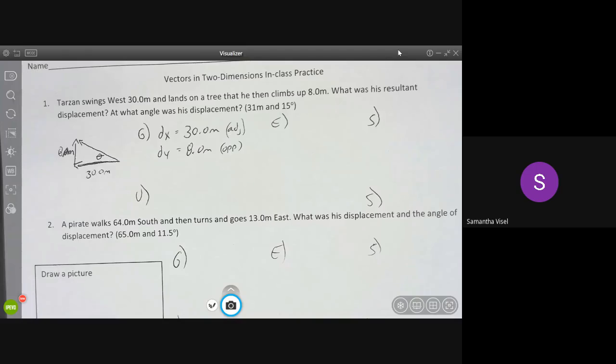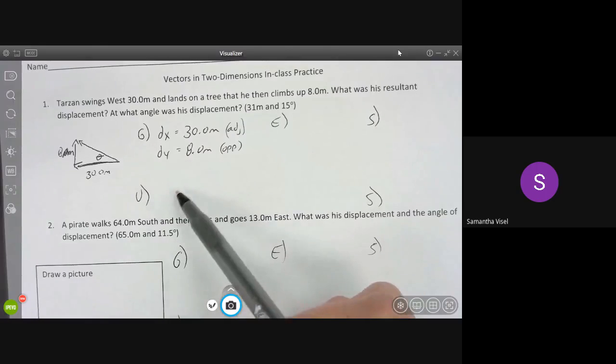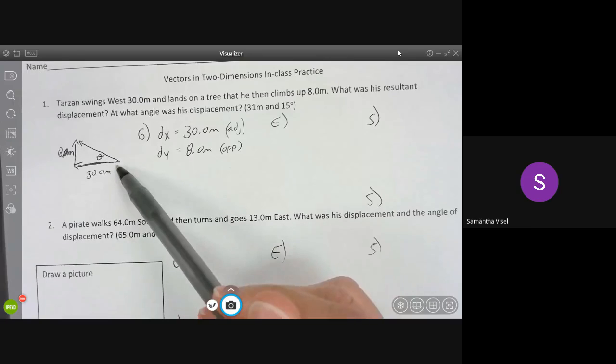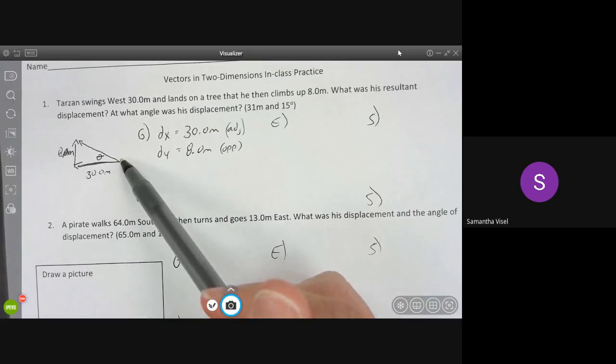So here we have Tarzan, who swings west 30 meters and lands on a tree that he then climbs up 8 meters. What was his resultant displacement, and at what angle was his displacement? I did draw the first little bit just to help you out. So we're first going to draw a picture.